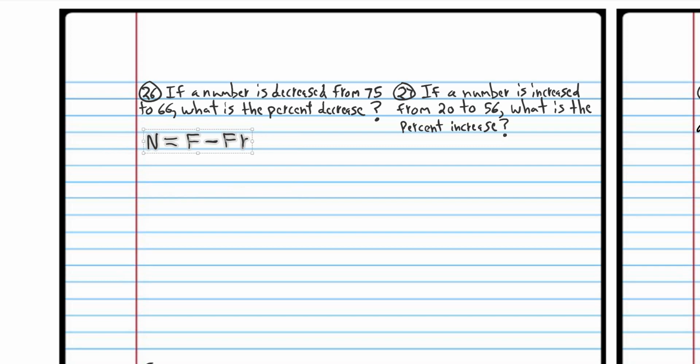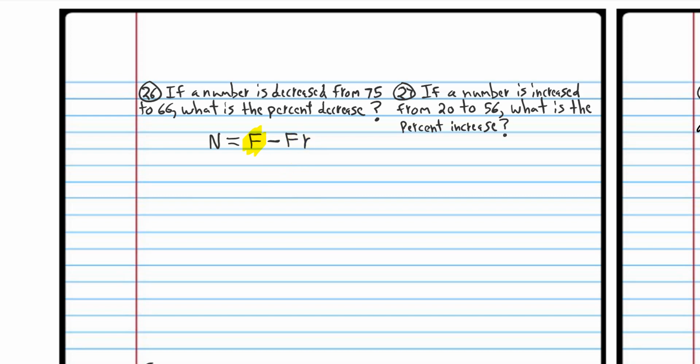And the reason that this is going to be an algebra problem is because we're looking for one of these unknowns. If you're looking for n as the unknown, then there's no algebra that's required. But if you're looking for the other numbers, then it becomes an algebra problem.